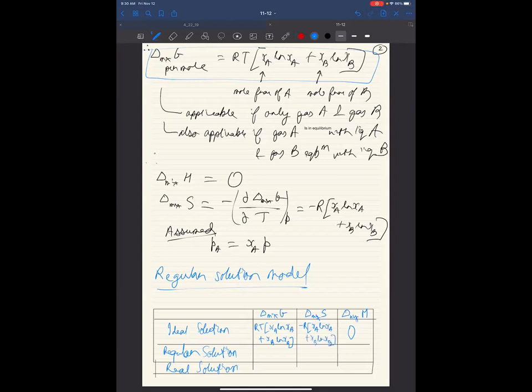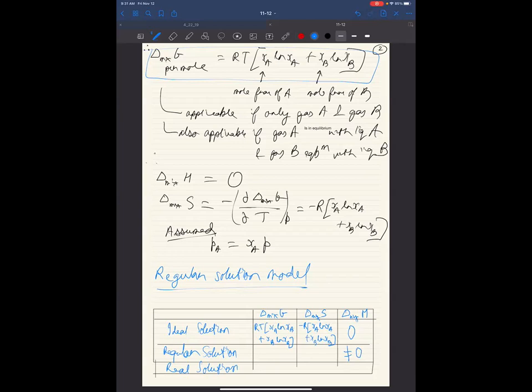In a regular solution model, we account for the fact that the enthalpy of mixing is not going to be 0. It's going to be different from 0. So in a regular solution model, we will account that this is not equal to 0.